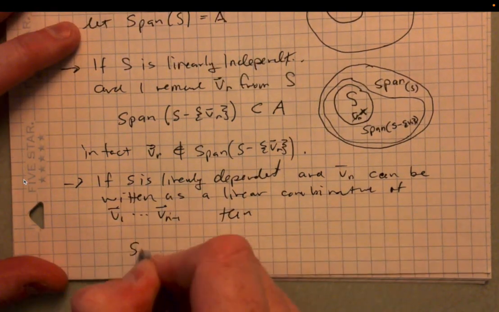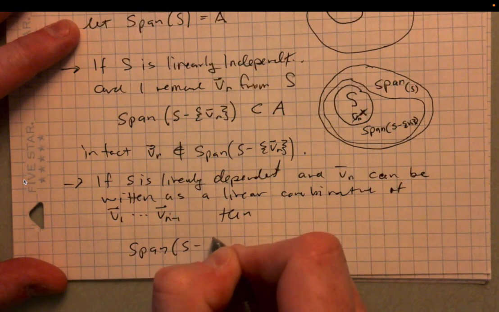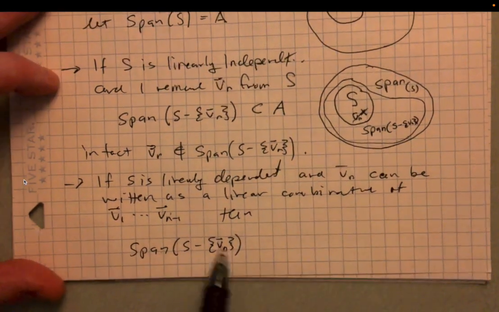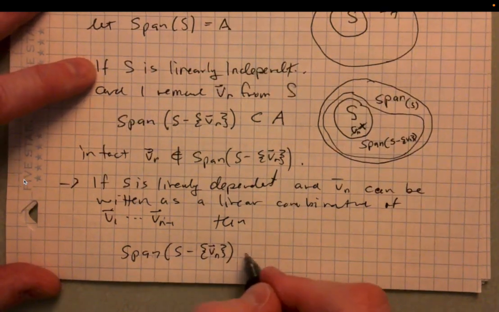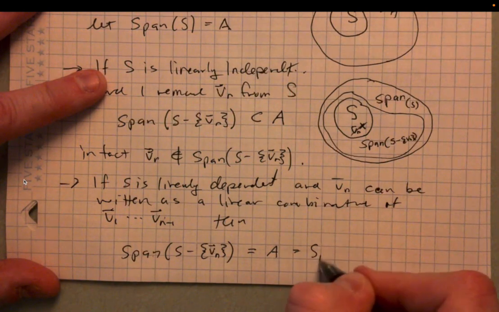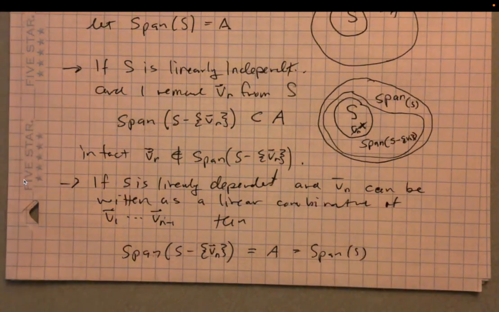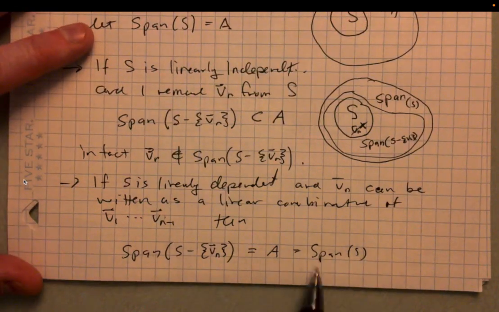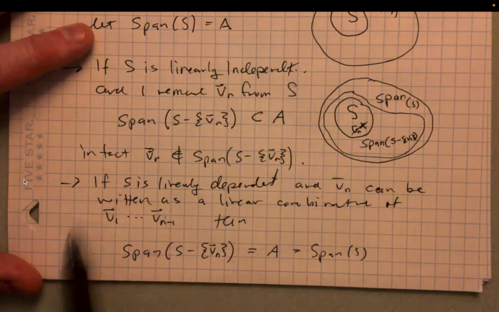Well, the span of S minus that redundant vector Vn is still equal to A, which is the span of the original. So the removal of a linearly dependent vector from a set doesn't impact the span. And clearly Vn is still in the span, because it can be written as a linear combination of the vectors that remain.